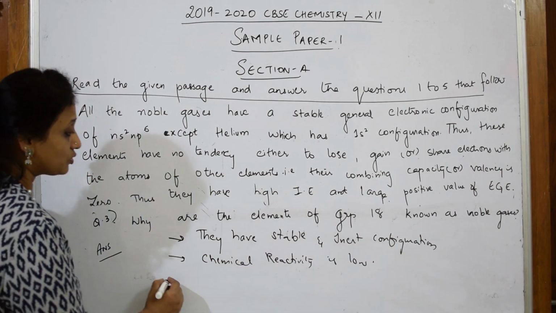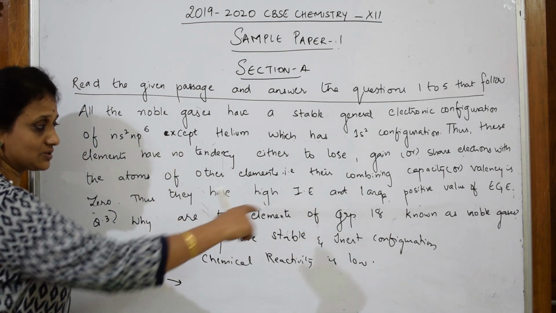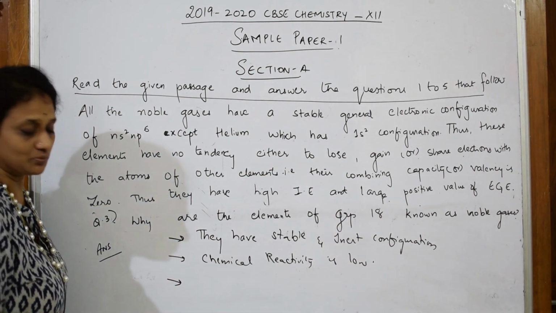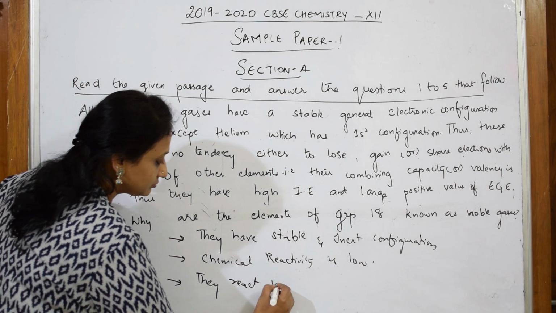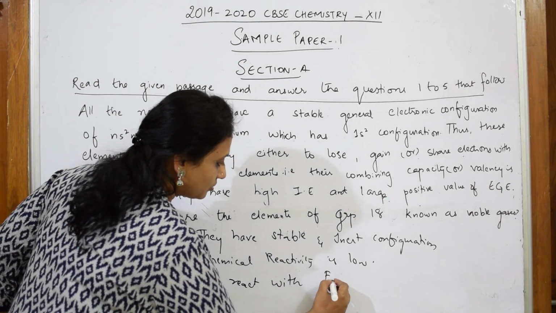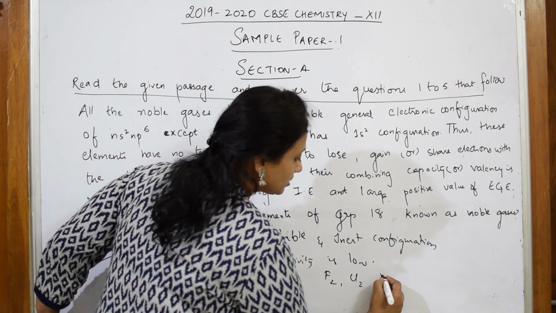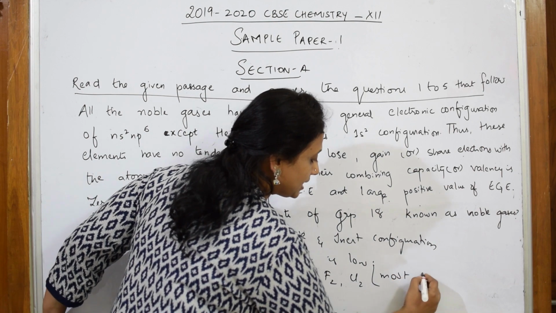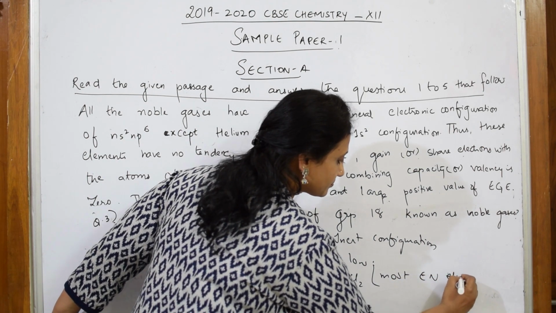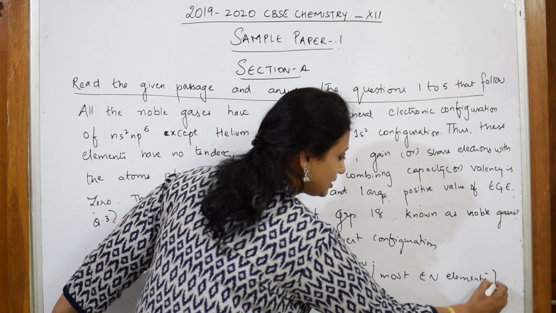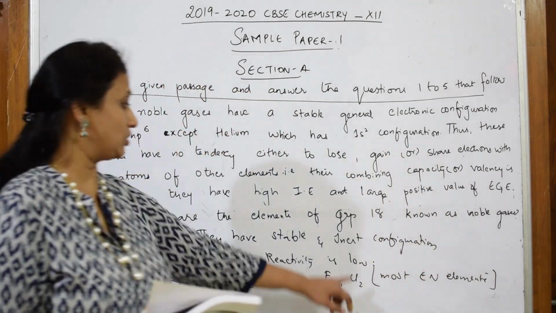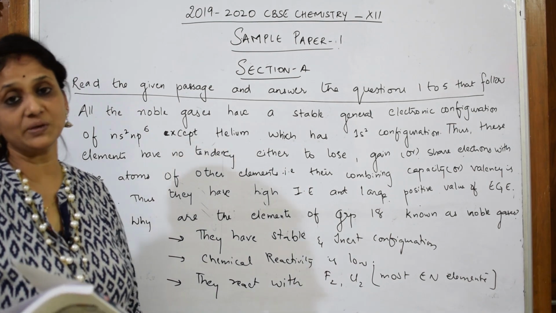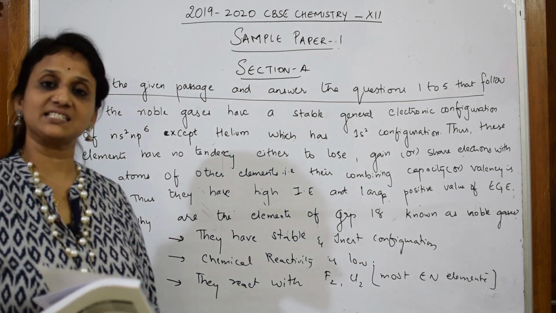So that is also one more concept for them to be known as noble gases. They react with fluorine, chlorine, the most electronegative elements. So these 3 reasons made us call them noble gases or inert gas elements or zero group elements, because their valency is 0.